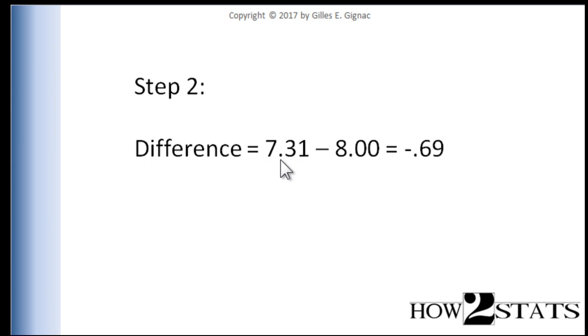We do not know if this point estimate is statistically significantly different from my hunch, because sampling variability can easily cause a mean of 7.31 to arise simply by chance, even though the population is really an 8.00. So we need to do the one-sample t-test to actually find out what are the chances of that.